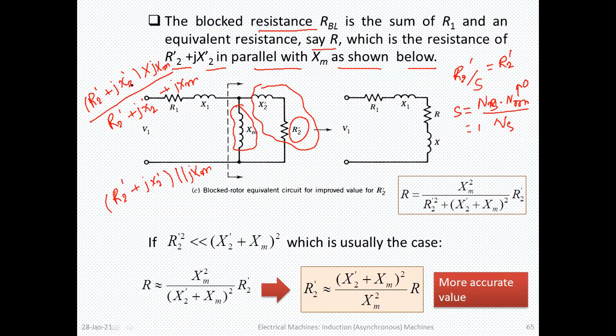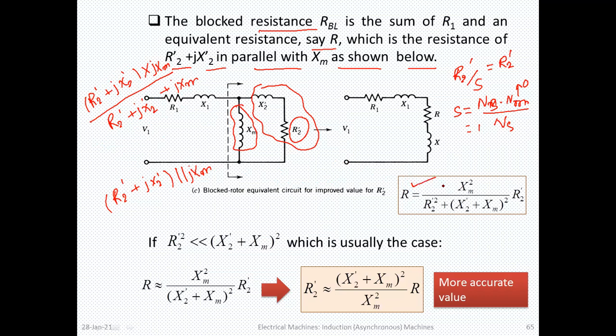We can do some mathematical manipulation here and break this whole term into real and imaginary components. If we break this term by rationalizing the denominator, we get this value.